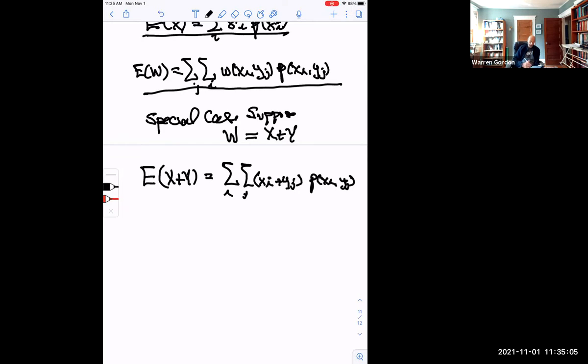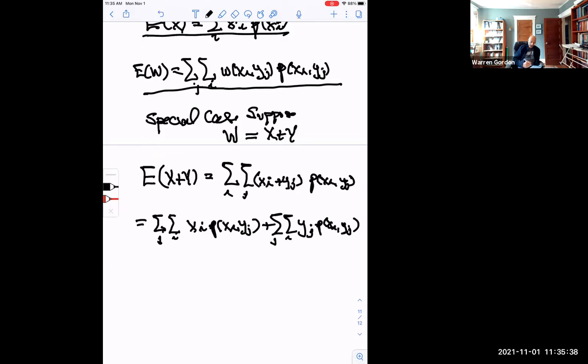So if we multiply this out, I have x sub i times P of x sub i, y sub j plus y sub j times P of x sub i, y sub j.